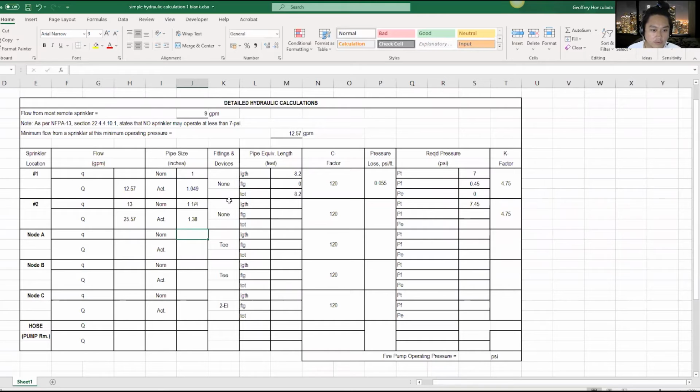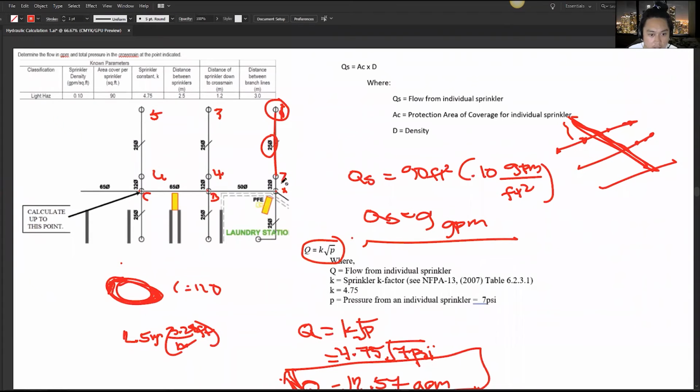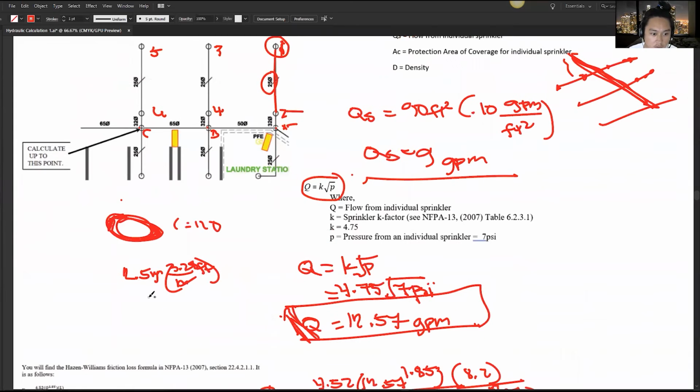Now, we are also provided that there are no fittings and devices for sprinkler 2, so we'll put 0 here for the equivalent length. The length of the pipe from this one to this one is given. This is a sprinkler to the branch line, so the distance of sprinkler down to crossmain is 1.2 meters. We multiply by 3.28 feet per meter.